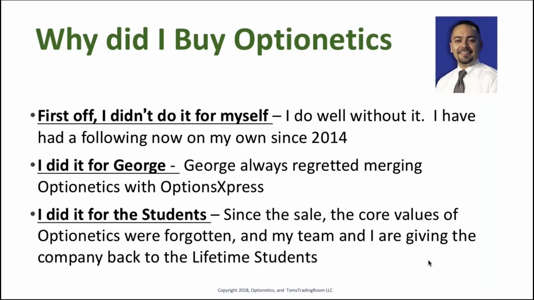I was probably one of the smallest shareholders, but that was part of the reason. And part of the reason was I did it for the students, because we saw that niche drop and go away, and I wanted that niche to come back, especially for the long-time students that were around since the 90s and the early 2000s, who saw the changes, and we're bringing them back.